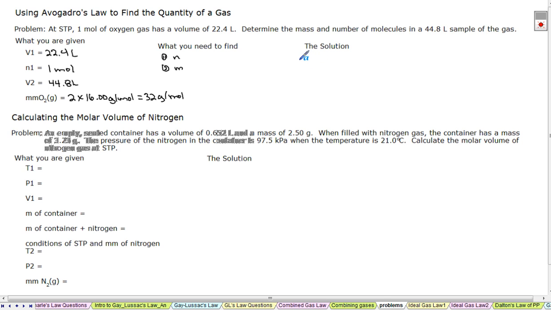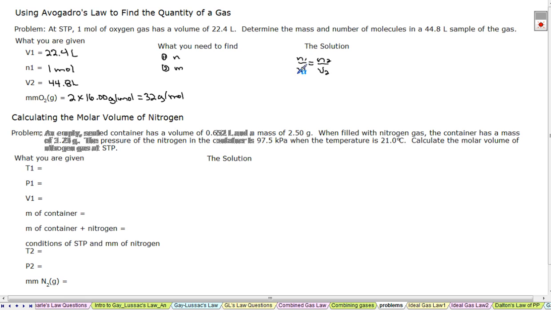So for the solution, initially what we need to do is determine the moles. We can set up a simple little ratio here. Because I want to find N, I'm going to put it on top. So I know that N1 over V1 is going to be equal to N2 over V2. Because there's a direct relationship between my moles and my volume, I have to put one over the other.